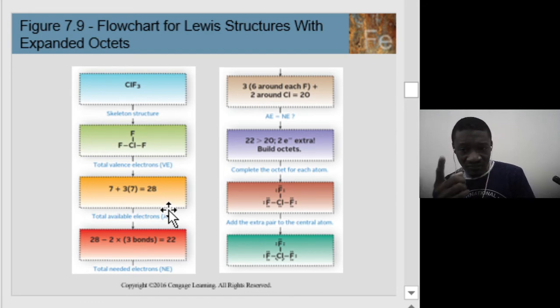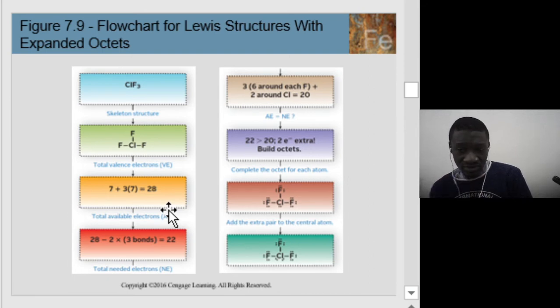So from that 22, you now work out the needed, like we did the last time. You now say, okay, for the 3 fluorines, 6 around each of them, and then for chlorine is 2. What you're trying to do is to find out the needed, and then you compare it to the available, and you're trying to find out if it's short.